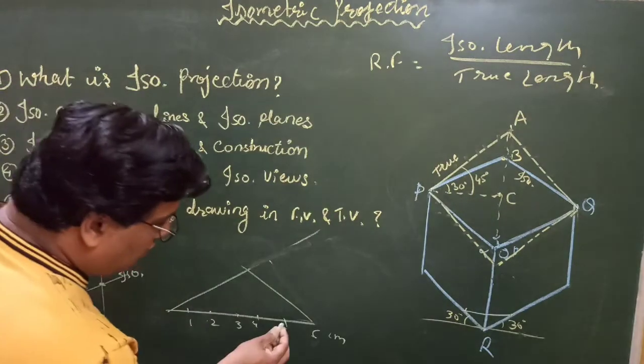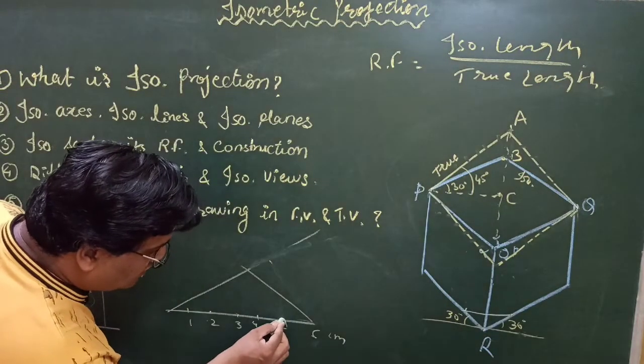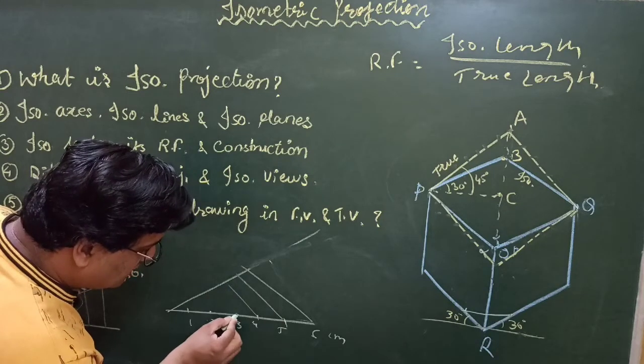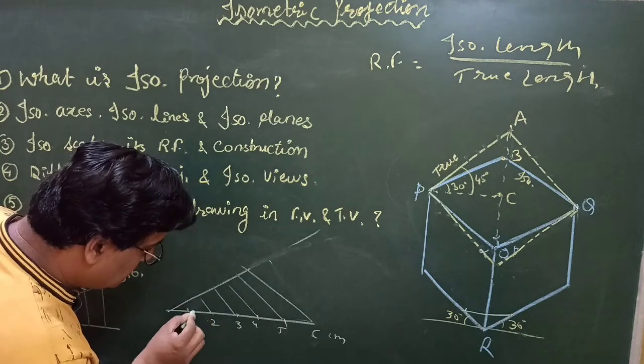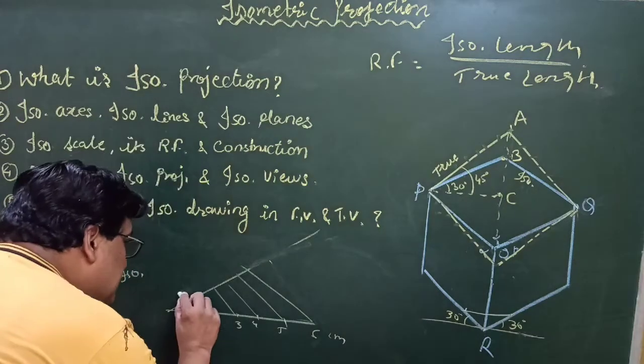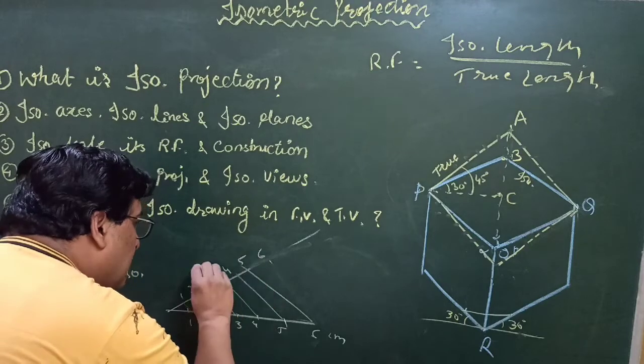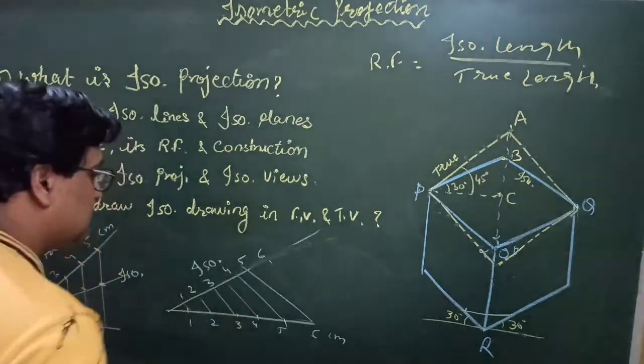Now draw lines parallel to the 45 degree line, so as to cut the 30 degree line at some points. These points will give you the isometric distances.